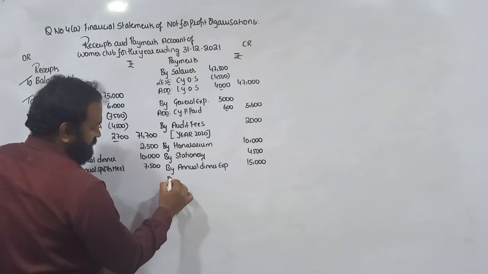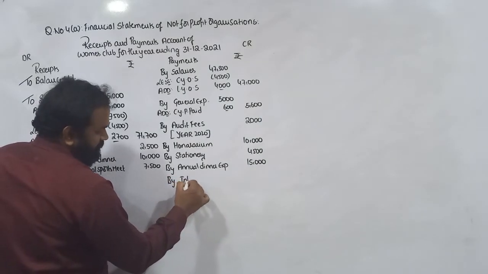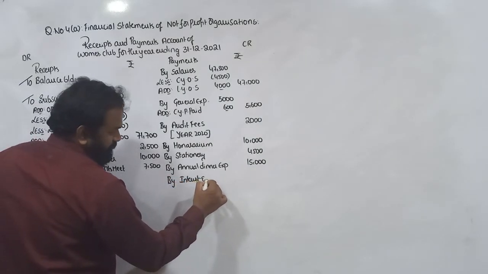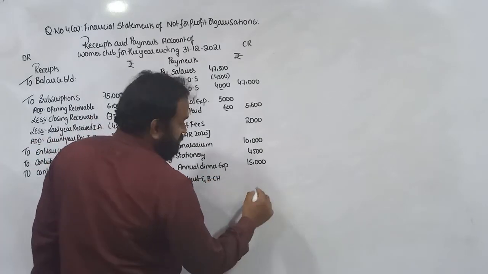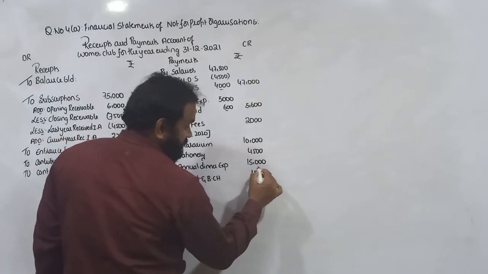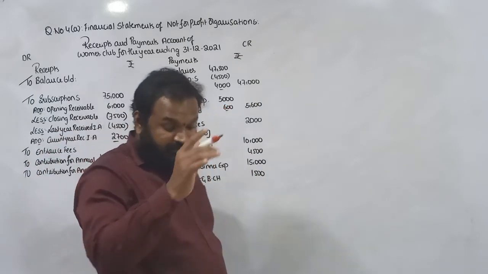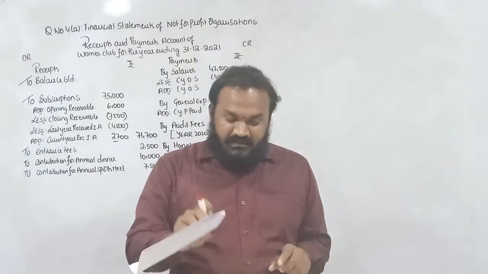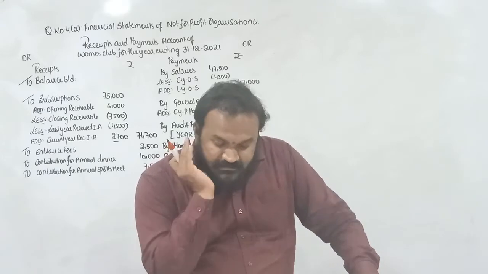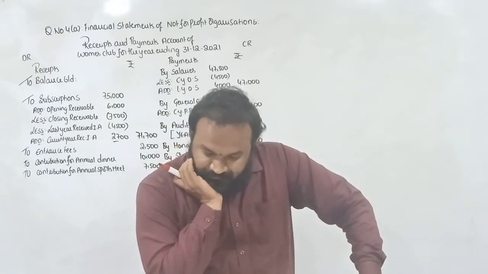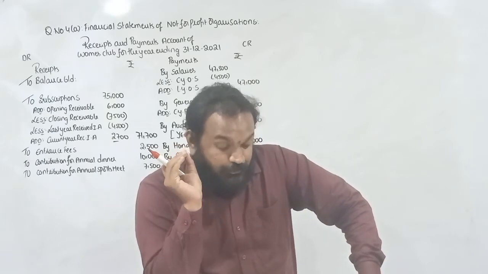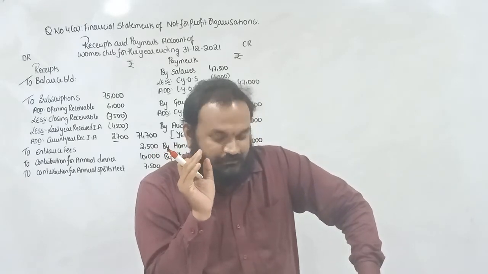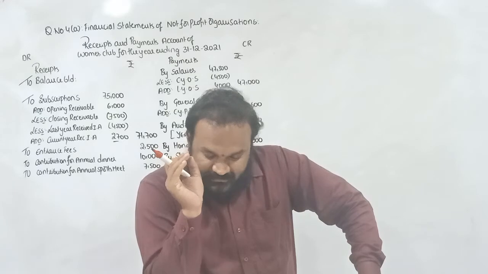By bank charges, how much? 1,500. Wait, one more item is there. See that sports equipment. The club had sports equipment on 1st January 2021, 26,000.